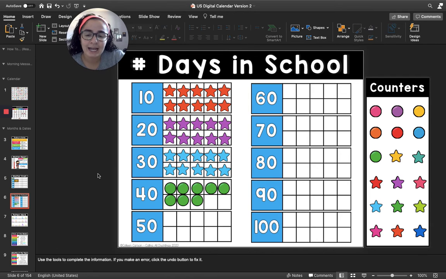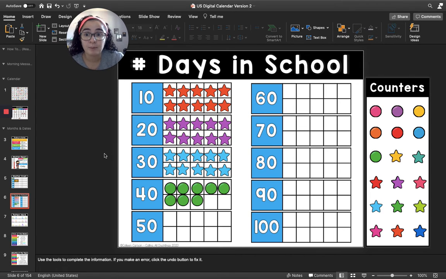I think we can. So you may be wondering, how can we count by tens, Miss Amanda? Well, you see, if there's a full 10 frame, we know that right there is the number 10. And how many full 10 frames do we have? Let's count. 1, 2, 3.